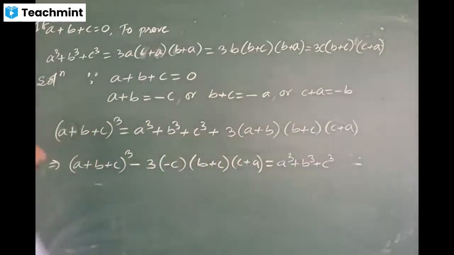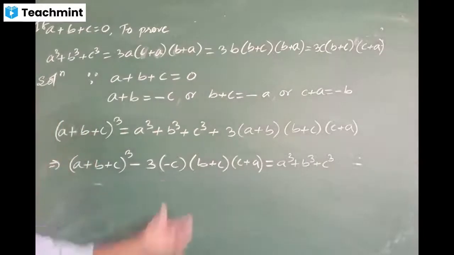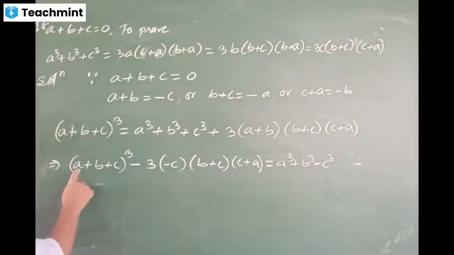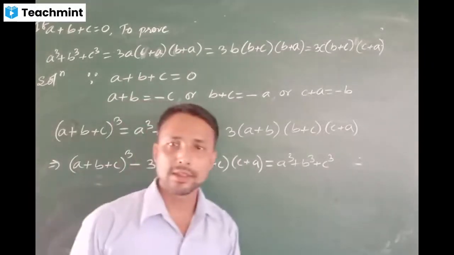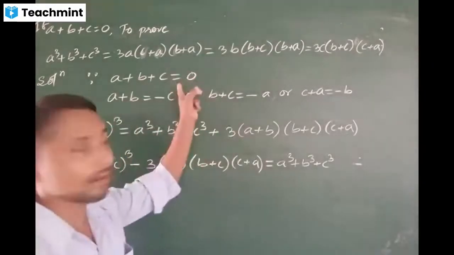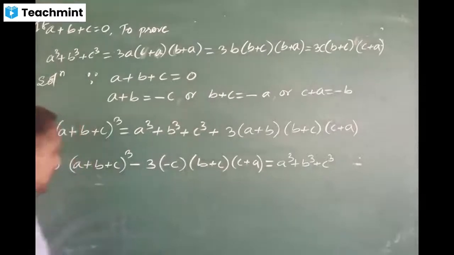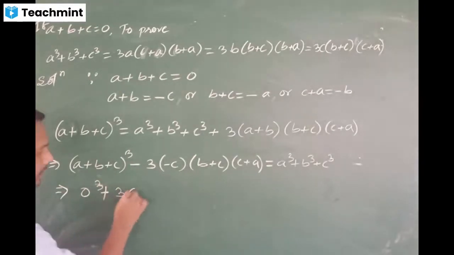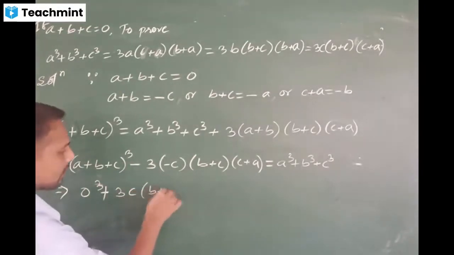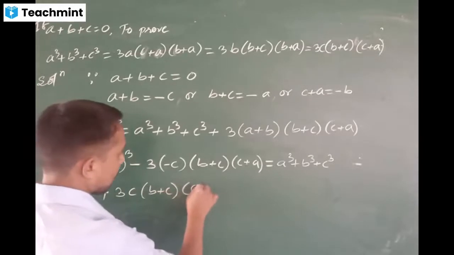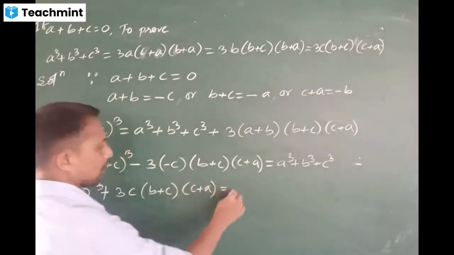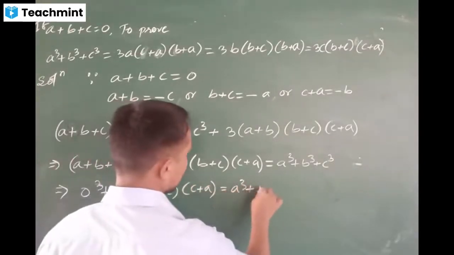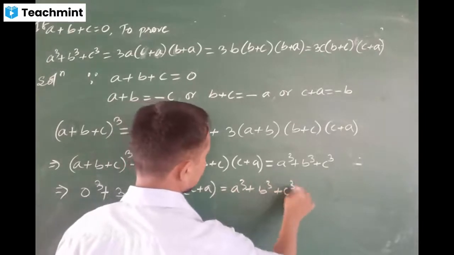And we know that A plus B plus C is already given 0. So this value is equal to 0. 0 cube, minus into minus becomes plus 3C into B plus C into C plus A, equal to A cube plus B cube plus C cube.